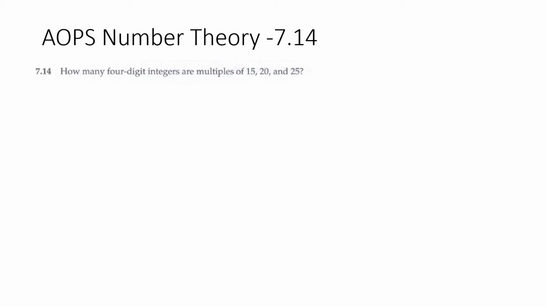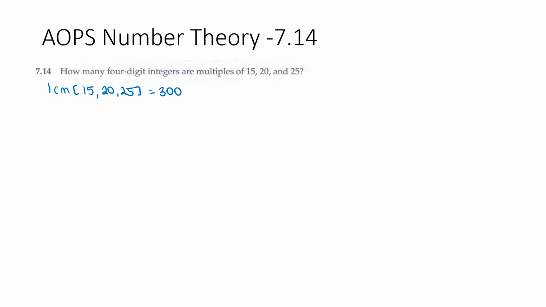AOPS number theory 7.14. How many 4-digit integers are multiples of 15, 20, and 25? So an integer that is a multiple of all of these three numbers must be a multiple of their LCM. And the LCM of 15, 20, and 25 is equal to 300.